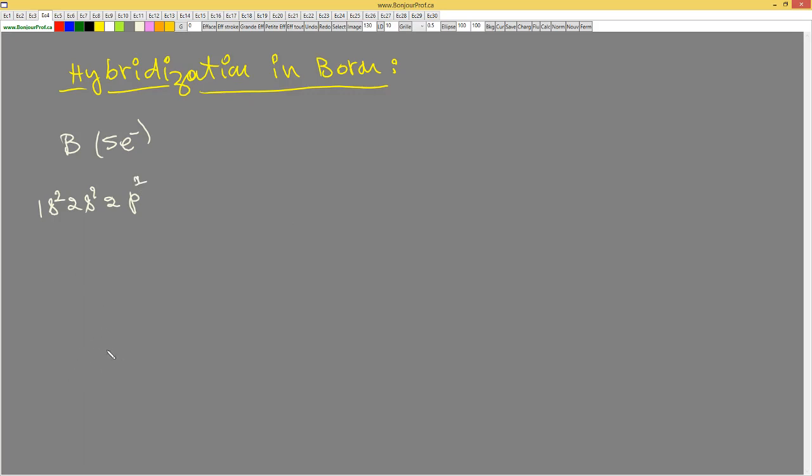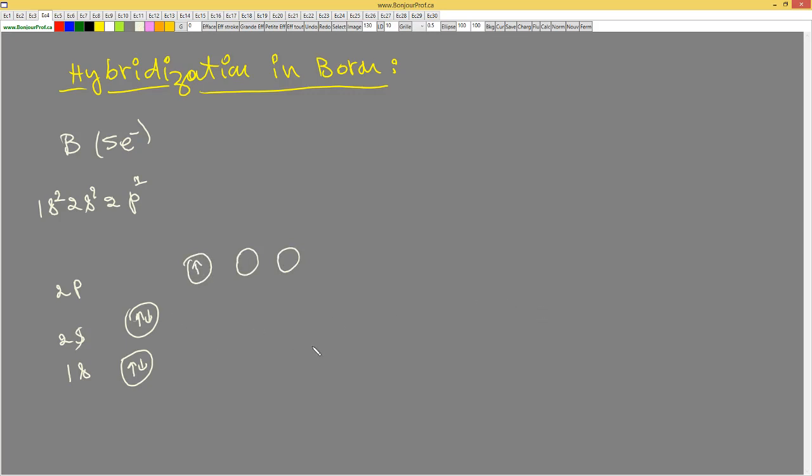If we do its energy level diagram, it has 1s2 here, 2s2 here, 1 up, 1 down, and 2p1. When we do the diagrams, we don't write the numbers here. Sorry. And here we have the p's, and we have only 1.